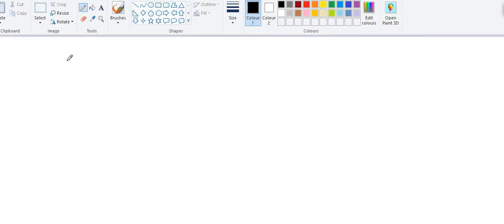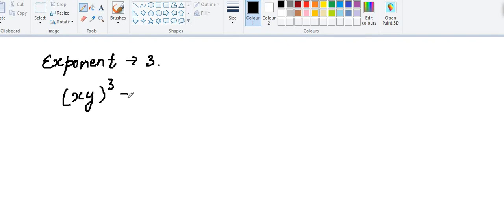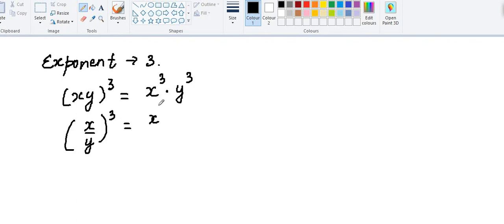Property: if I look at exponent 3, then x into y whole cube can be written as x cube into y cube, and x by y whole cube can also be written as x cube by y cube.